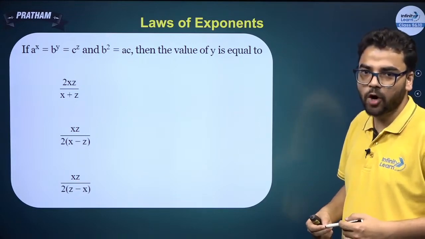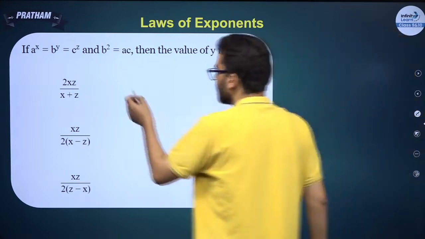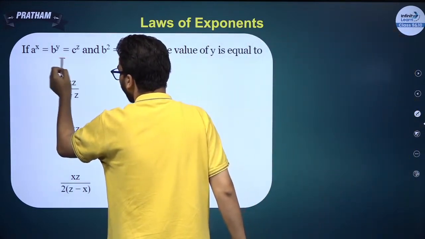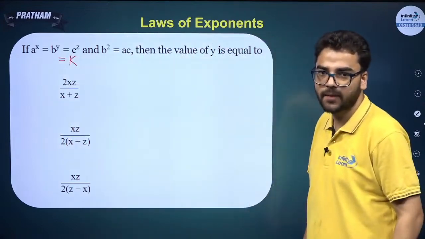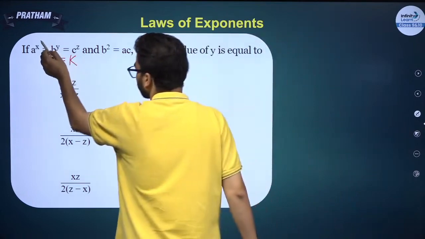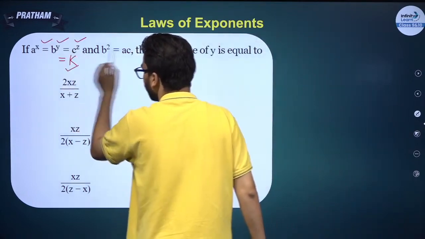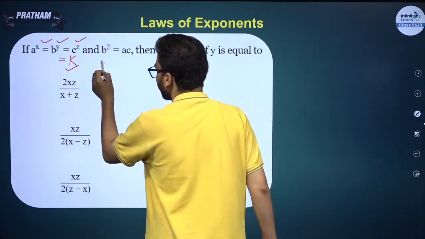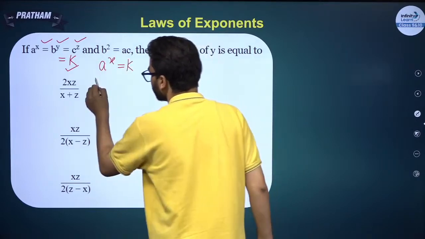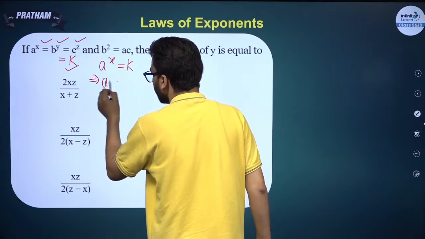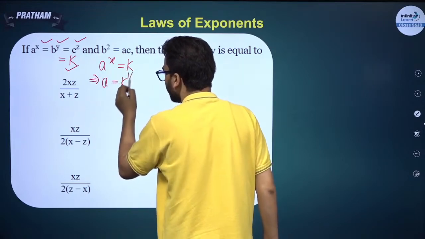So basically what do you actually do? See, suppose these are equal. Can I assume them to be equal to something, k? Because all of them are equal, I can assume them to be equal to k. So the first relation is a raised to the power x is equal to k. So can I not say that a will be equal to k raised to the power 1 by x?